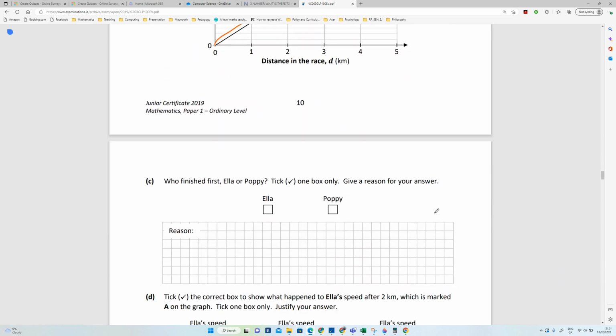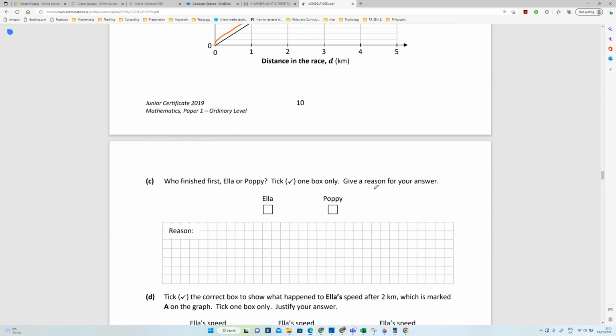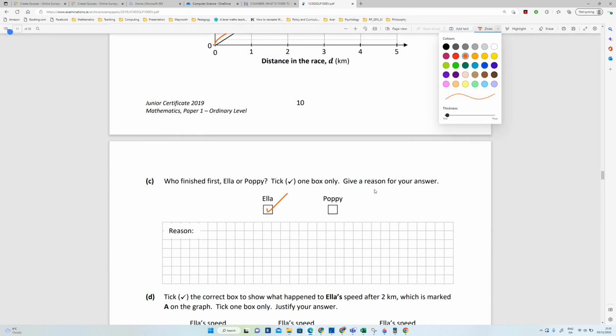Now who finished first, Ella or Poppy? Well, we can see here that Ella finished 4 minutes before Poppy. So the answer is Ella finished first. And we can answer that by just writing it in English. So what's our reason for saying Ella finished first?